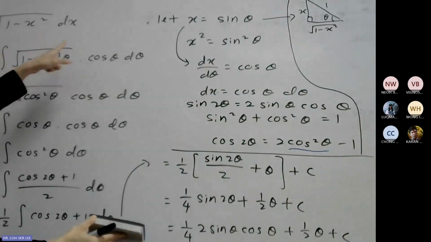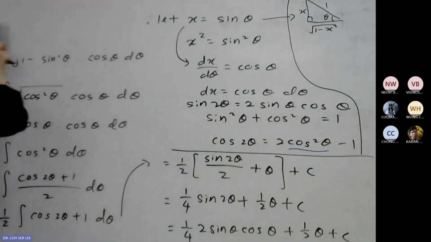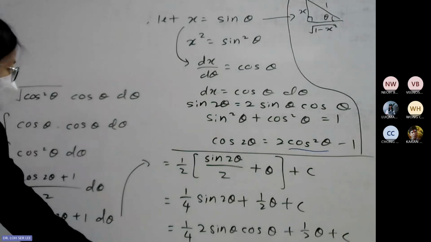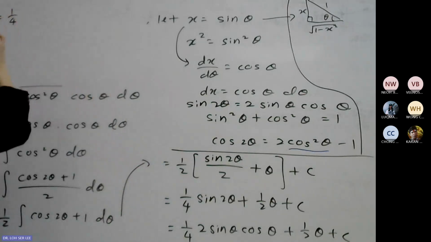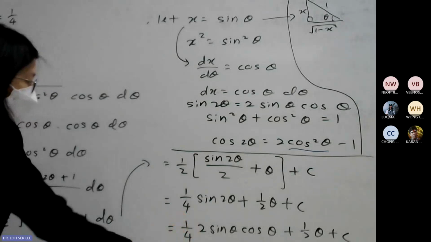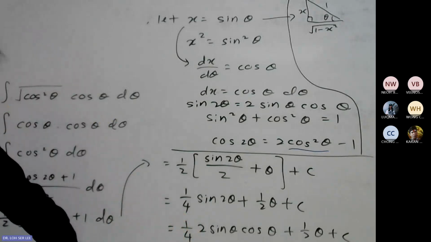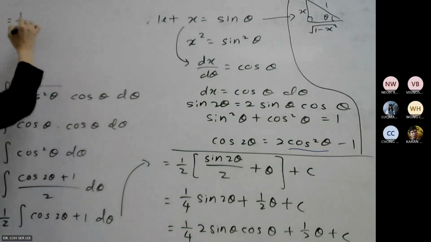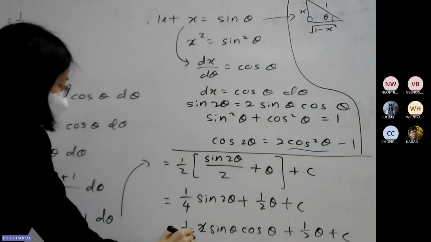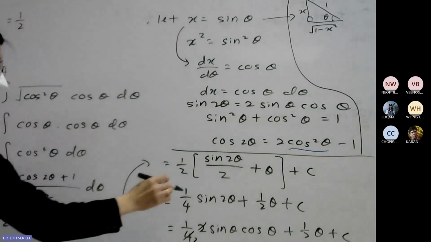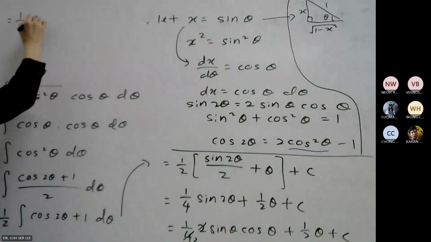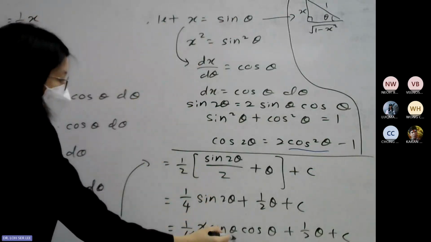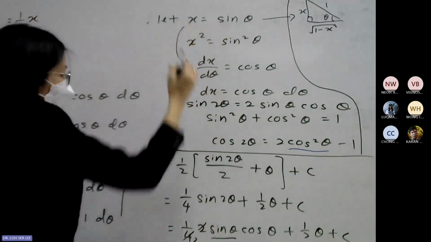I continue here. Okay, the 2 and the 4, I simplify into half. Okay, this one, 2, 2. Sine theta is x.